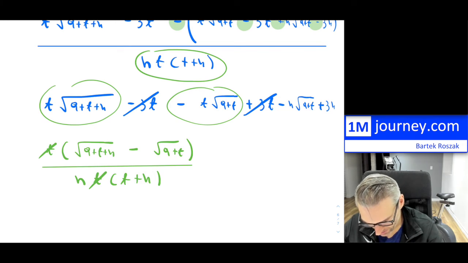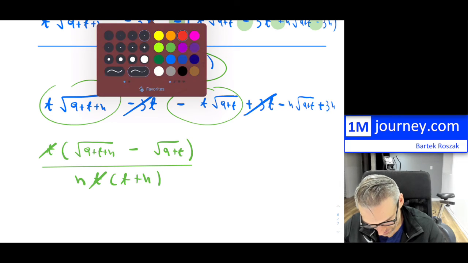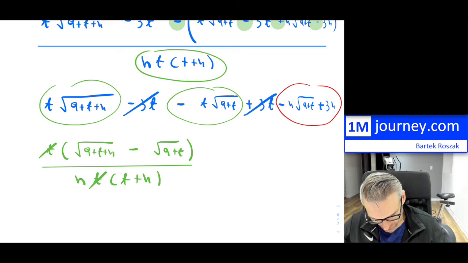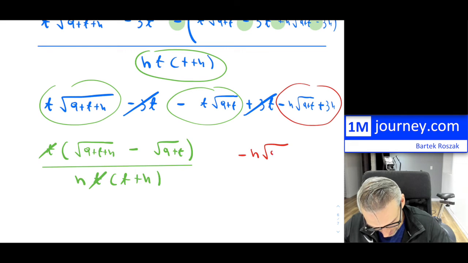The other one, these last two: notice what we will have. Over there, we're going to have negative h times 9 plus t, plus 3h.